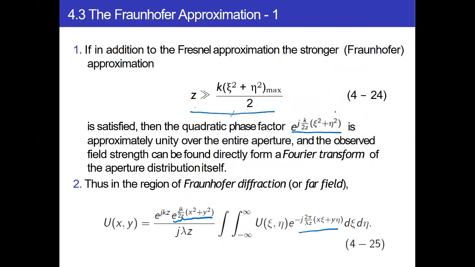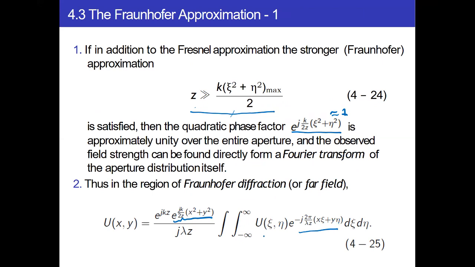And this term is nearly 1. And then we have this x squared plus y squared, and this term is 0, and this term is 1. And then we have this leftover term, the x xi, y eta term.